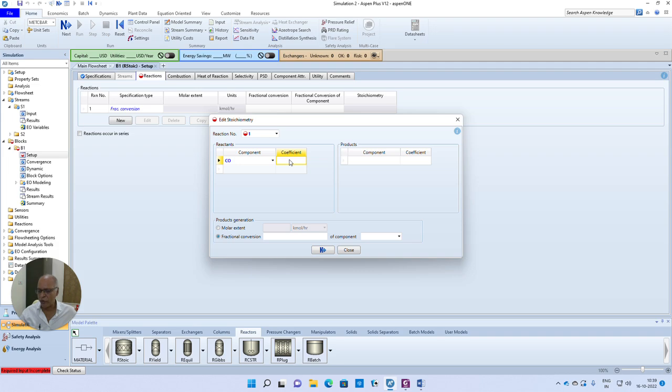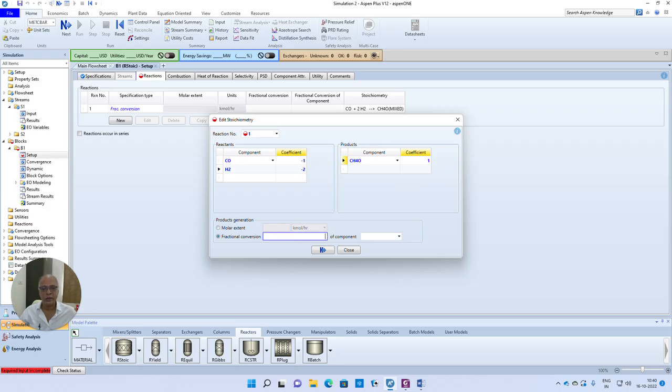Now the stoichiometric coefficient for this reactant CO is 1. Please observe the change when I click it outside. This is again as per the thermodynamic notation. The stoichiometric number will be negative for all reactants, whereas in the case of products it would be positive. Hydrogen again 2H2, and the product is methanol 1.